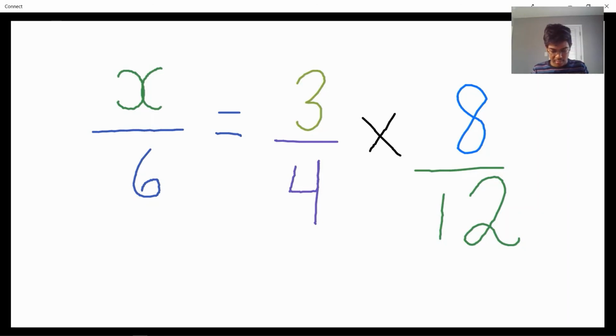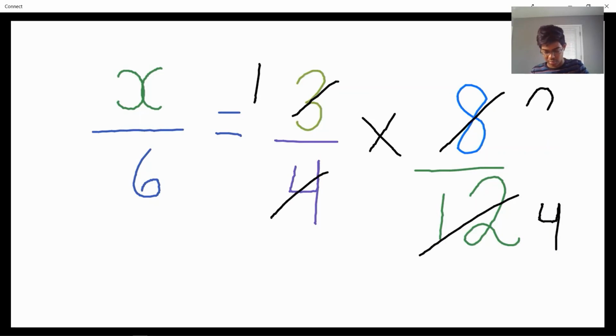Now, all we have to do is solve this equation. This should be pretty straightforward. 3 cancels out with 12 because 3 goes into 12 4 times. 8 cancels out with 4 because 4 goes into 8 2 times. Then 2 cancels out with 4 again because 2 goes into 4 1 time.